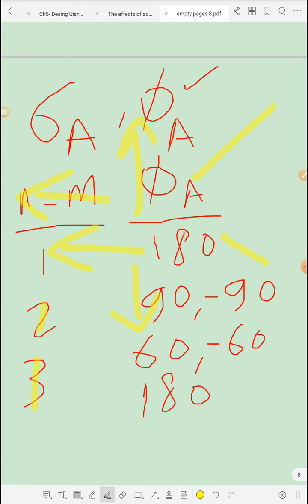So from here, it's obvious that as we increase the value of n minus m, the first angle phi a will be reduced. Here it was 180, the first angle. The second angle, 90 in the second case. In the third case, it was 60. In the fourth case, it will be 45, and so on.